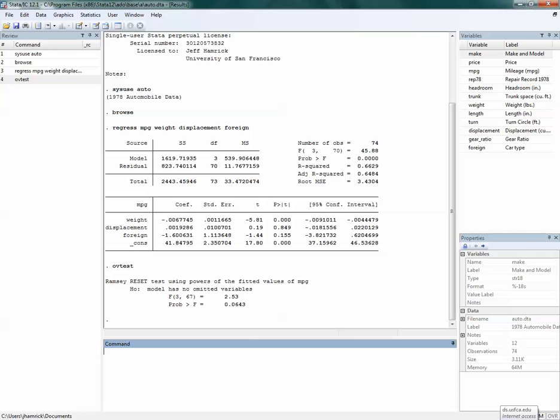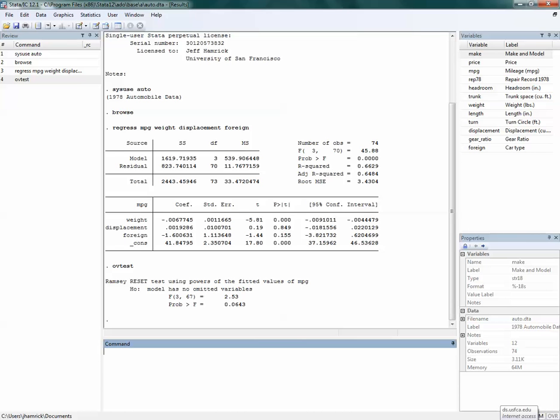Because the test that is being run is a restricted F test, the 3 here is coming from the fact that we had 4 minus 1 parameters that we estimated. That is 3 independent variables in the original or base model.